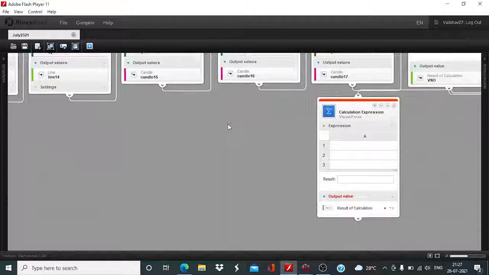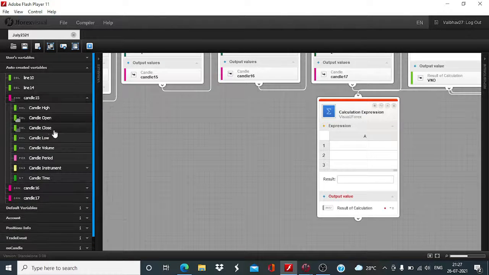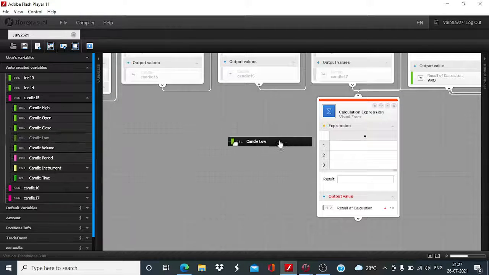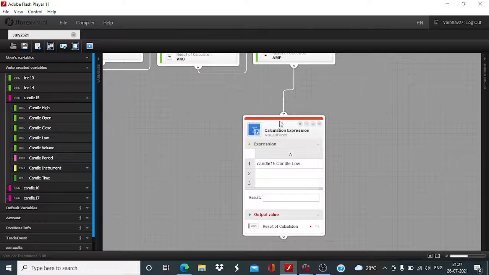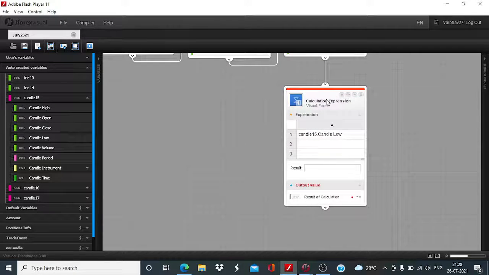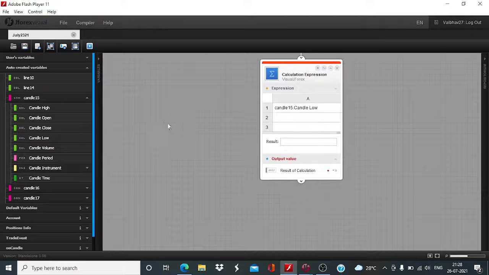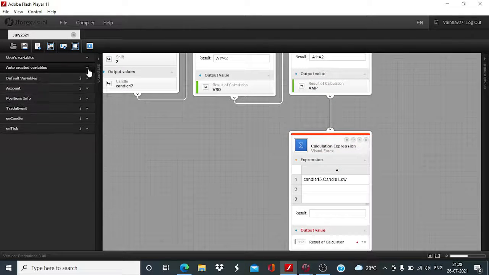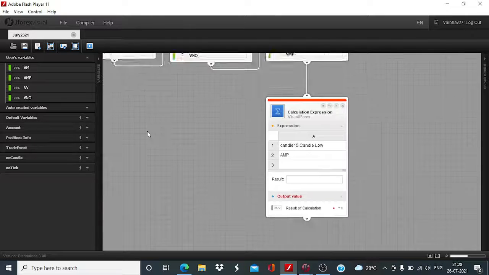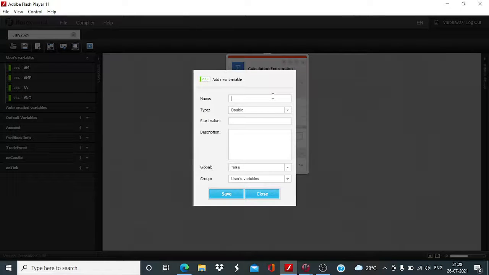I have to take candle 15, and whatever is the 20% of the ATR, which is represented by AMP, A1 plus A2, and this will be the execution point for the buy trade.